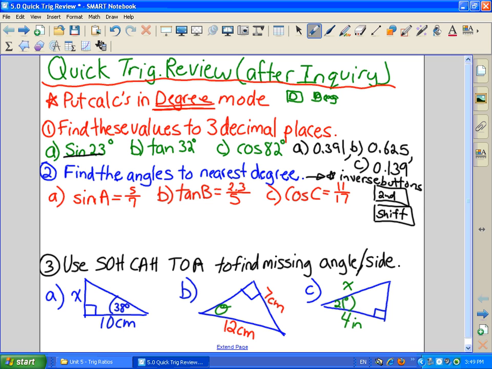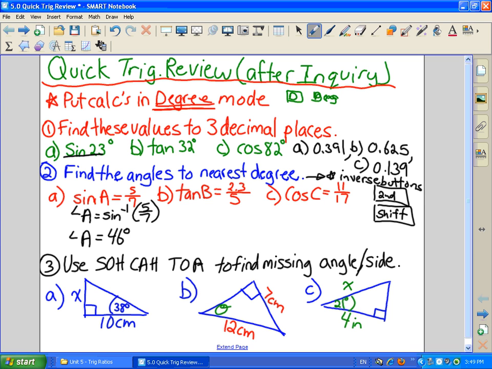So to find the angle here, angle A equals the sine inverse of this fraction 5/7. So for most of you, you're going to go second sine, opening bracket, 5 divided by 7, closing bracket. But if you have the old school calculator, you go 5 divided by 7 equals second sine. And if we're rounding to the nearest degree, you should get an angle for A being 46 degrees.